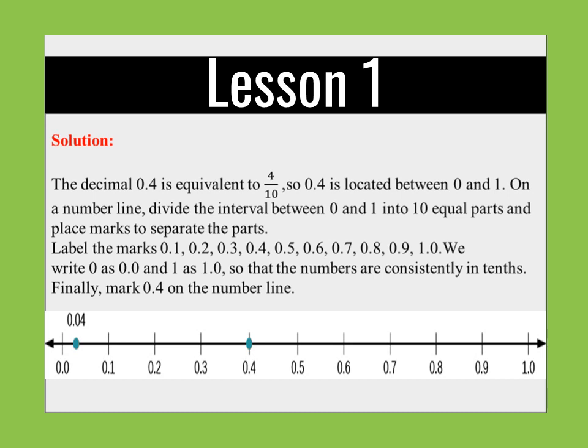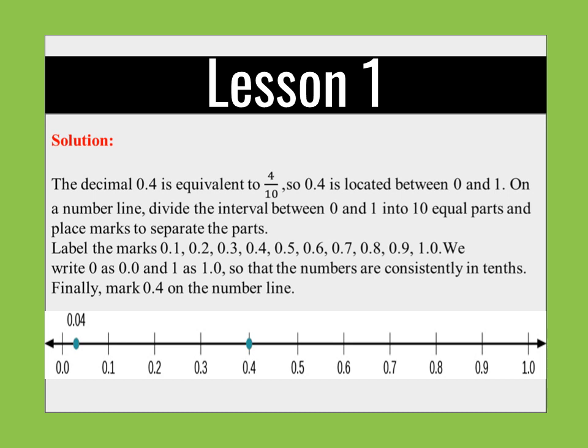The decimal 0.4 is equivalent to 4/10. So, 0.4 is located between 0 and 1. On a number line, divide the interval between 0 and 1 into 10 equal parts and place marks to separate the parts.